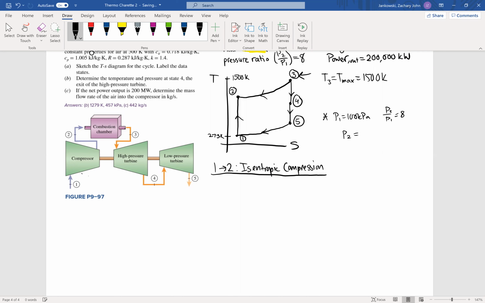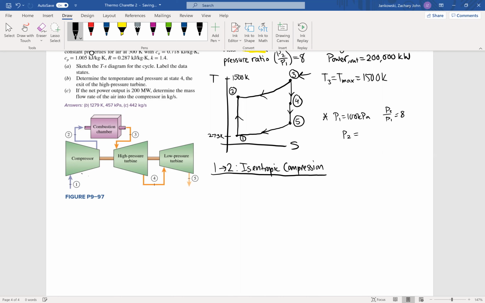So now, remembering that we're using air and our cold air standard assumptions, we're going to pull out our isentropic relations for ideal gases to solve this first part. And we're going to use the specific relation from temperatures to pressures a lot in this problem.